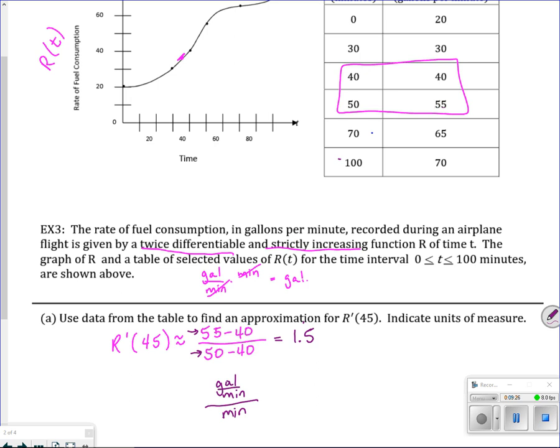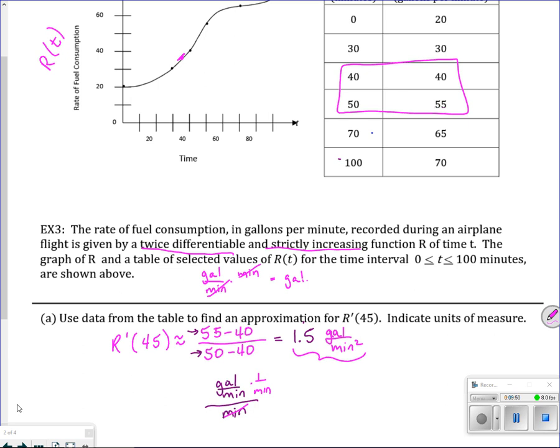Dividing by minutes is like multiplying by 1 over minutes. So my units would be gallons per minute squared. Remember, 1 point for writing down the difference quotient, 1 point for that. That would be your 2 points that you sweet children are going to get.